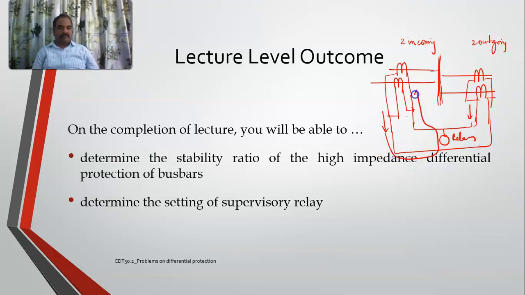This is the way how incoming current flows, and this is the way how my outgoing current flows. If you see effectively what is the current which is flowing in this relay, ideal case it will be equal to 0. Incoming current is equal to outgoing current.